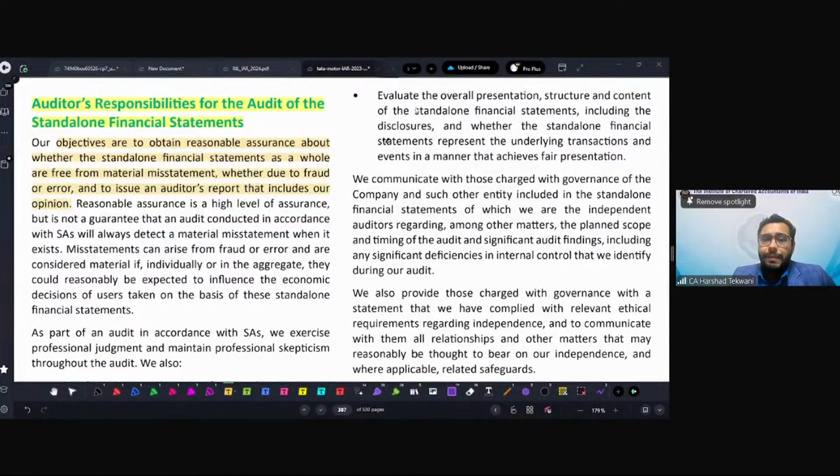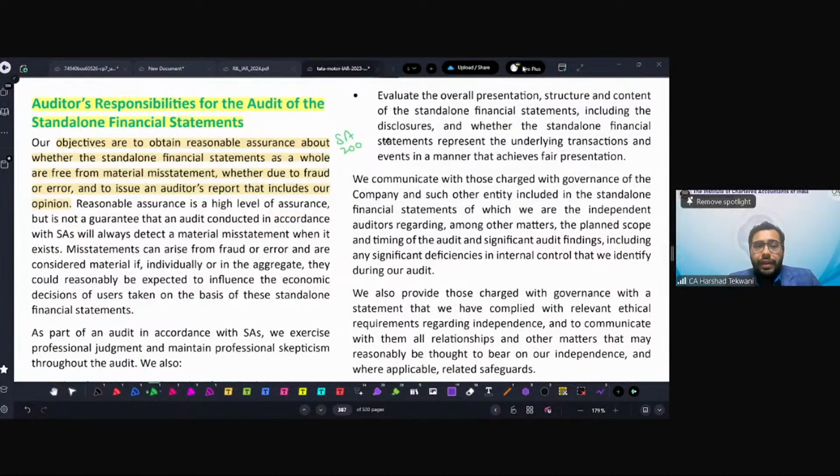Any idea from where it is coming? Sir, SA 240. No. SA 200. Yes, the overall objective of the auditor. Yes, SA 200, the overall objectives prescribe this. So this is already coming from SA 200.